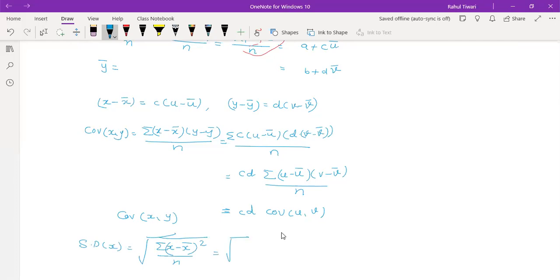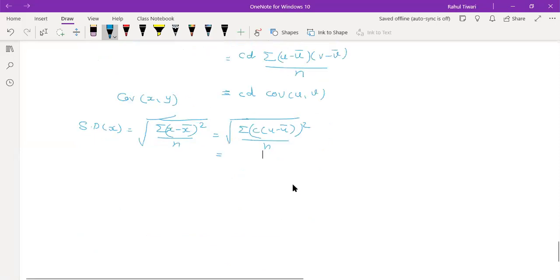So if you just square this, it's going to be summation of (C times (U minus U bar)) whole square upon N. So when you open this, what is going to happen?